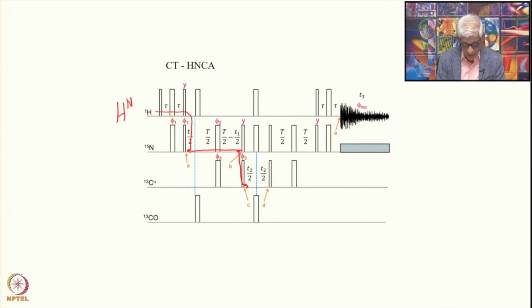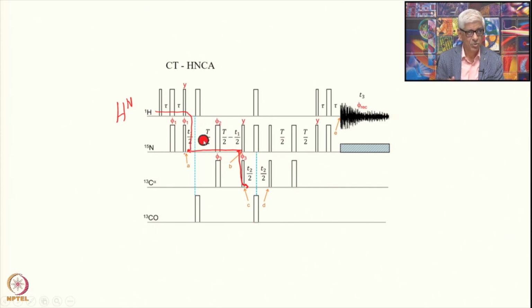Now you see in the amide portion you have this T1 by 2 increment, the T1 increment is present here. Therefore, this total time from here to here is T, and that is why it is called constant time. But in the same one this T1 is incorporated, from here to here it is T, therefore it is called constant time.